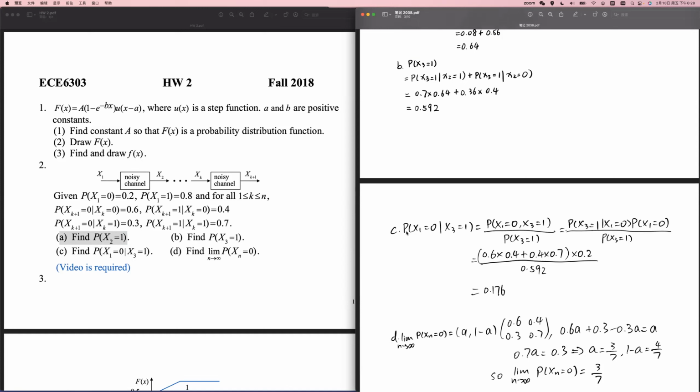Like we know that, given x3 equals 1, the probability of x1 equals 0 equals the probability that these two events happen together over the probability of x3 equals 1. And this form can also change to this form, which is, given x1 equals 0, the probability of x3 equals 1 times the probability of x1 equals 0.